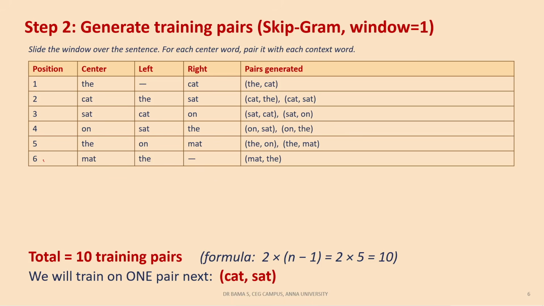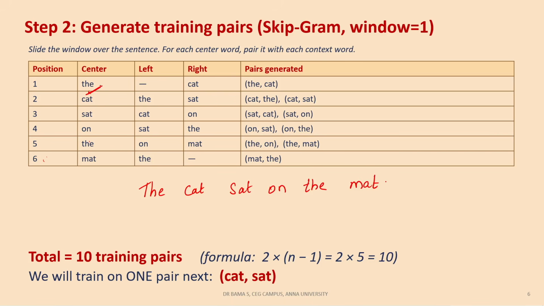Before moving into how we calculate, let us target the skip-gram with window size 1. Here we have the 6 positions, each standing for a word in the sentence. What is the center word, the left and the right? Suppose for example, the sentence is: the cat sat on the mat.